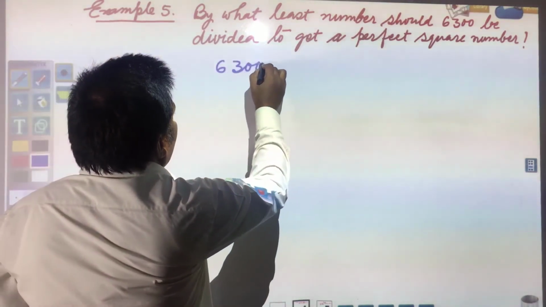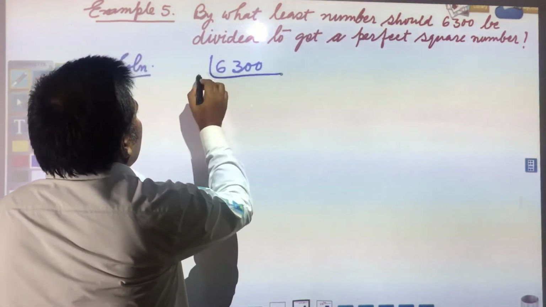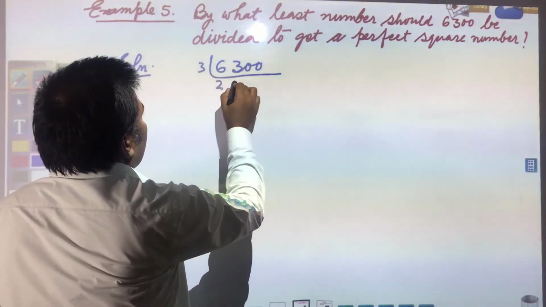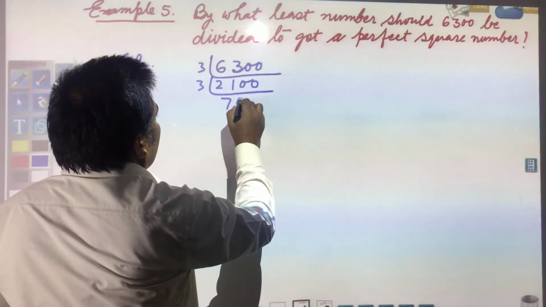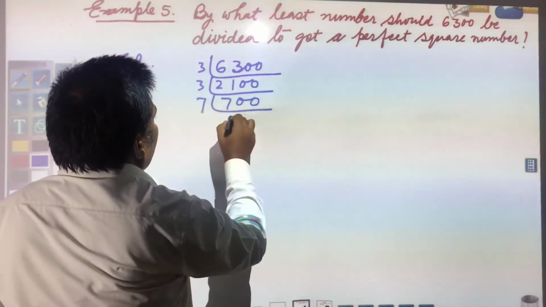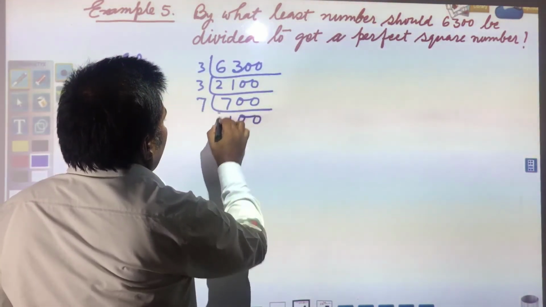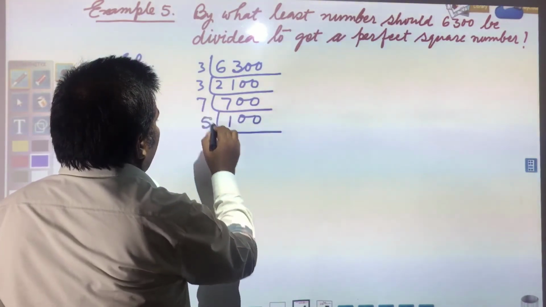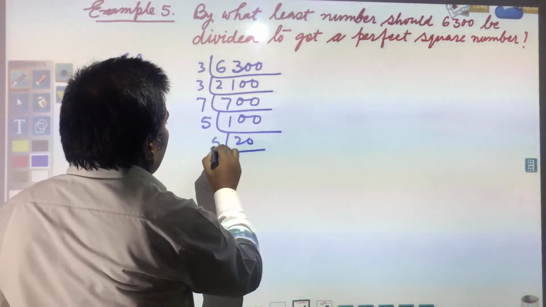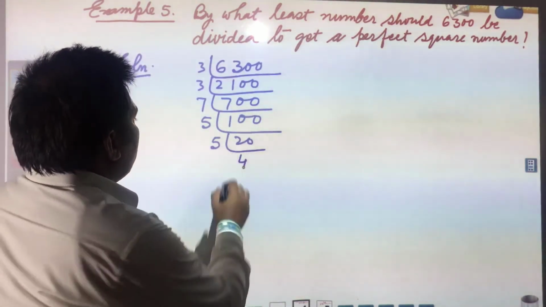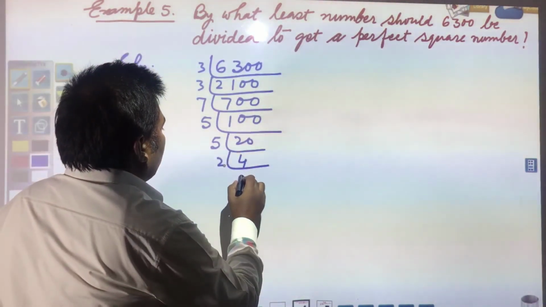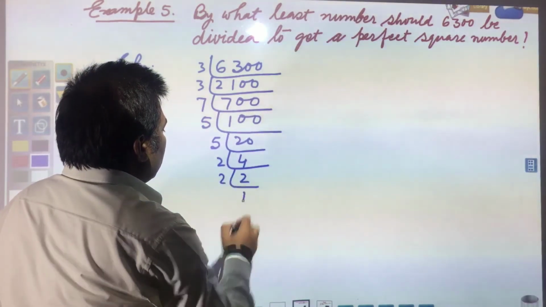6300 is required to be factorized. So 3 2s are 6, 3 1s are 3, 3 7s are 21, 7 1s are 7, 5 2s are 10, and 5 4s are 20, and this can be written as 2 2s are 4 or 2 1s are 2.